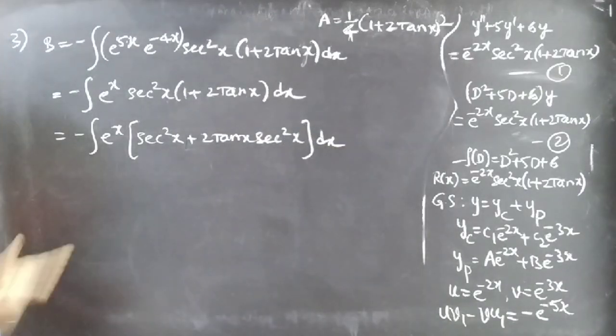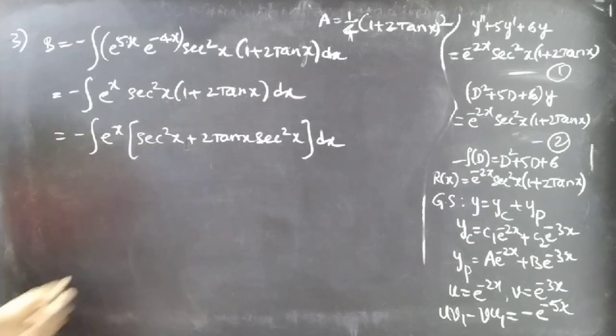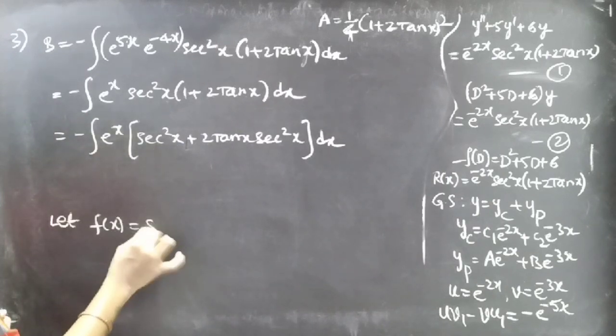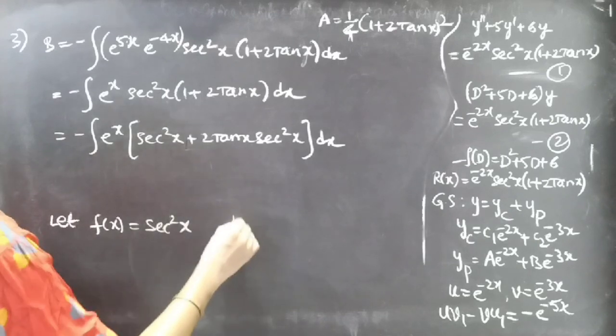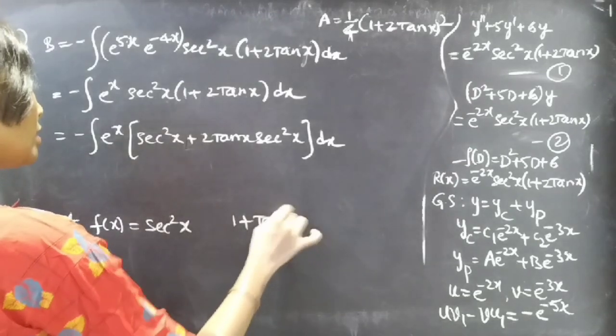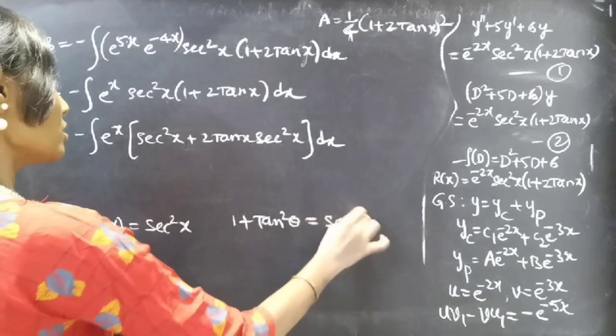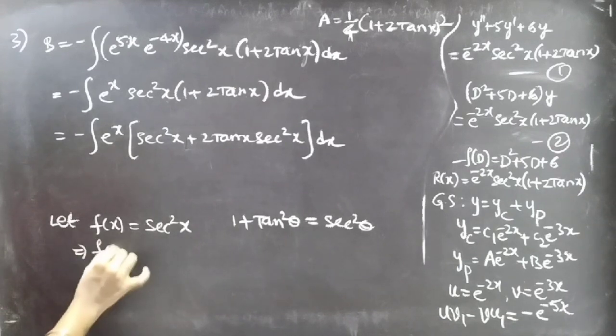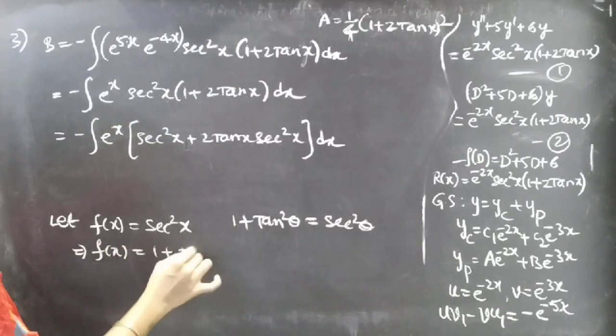Now let secant square x equal to f of x. We know that 1 plus tan square theta equal to secant square theta. Just replace secant square theta with 1 plus tan square theta, then we'll get f of x equals 1 plus tan square x.